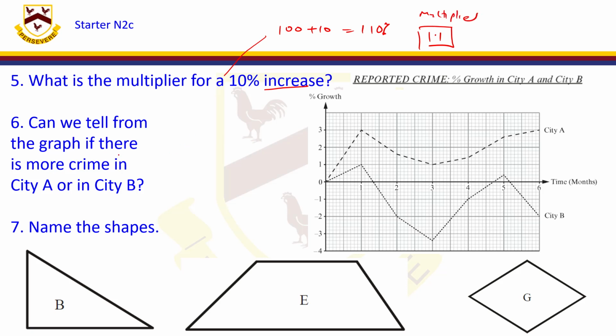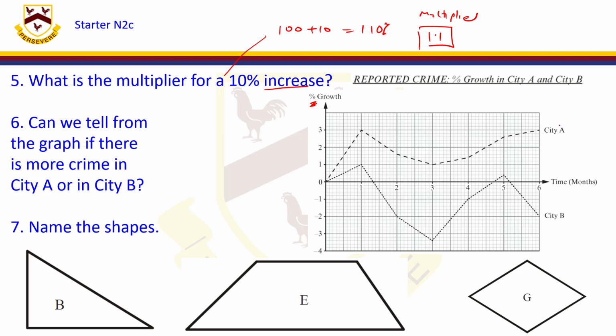Can you tell from the graph if there's more crime in city A or city B? So we've got city A here, and that's above city B. Is there more crime? So we're looking for actual numbers, but we can't tell because this is just percentage growth, not the growth in numbers.